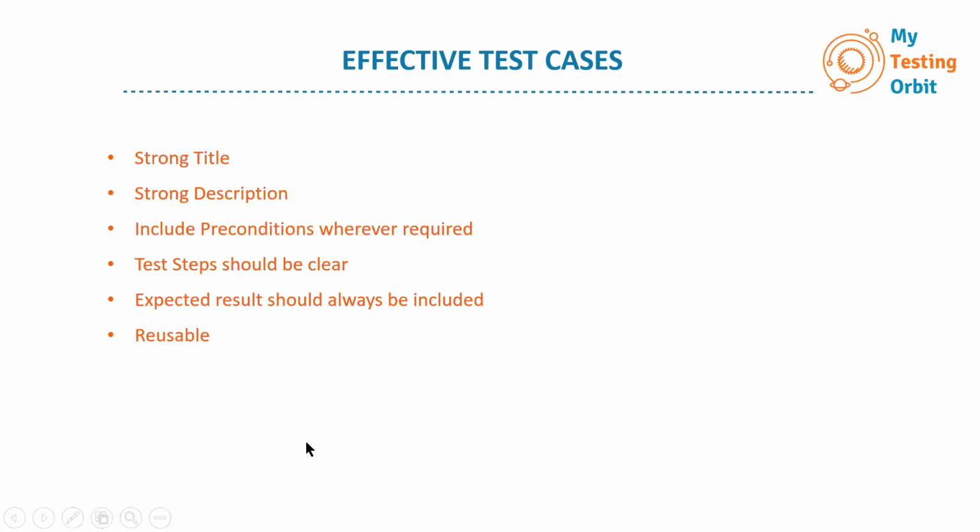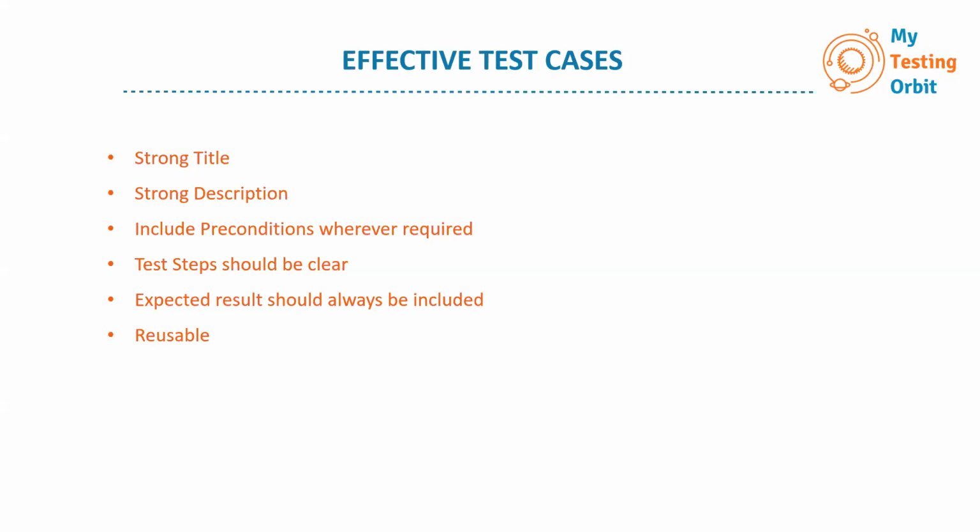The next one is expected result should always be included. The purpose of writing the test case is that when we are actually testing the application, we are comparing the actual result with something which we were expecting. That's why expected results need to be captured.